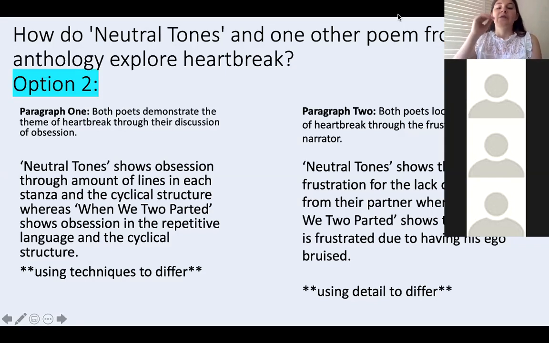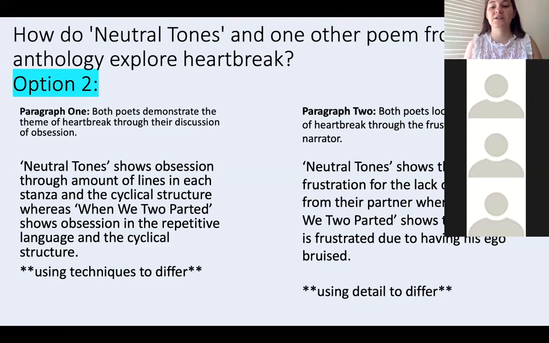Now, this is a high level comparison because what you're starting with is something that they share. So you think about it kind of like a pyramid. You're starting with something that they share, and then you're going into the fact that they are sharing something, but they do it differently. Or they are sharing something, but they view it differently.